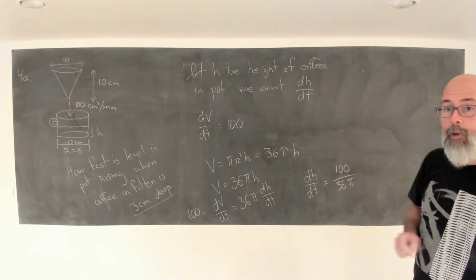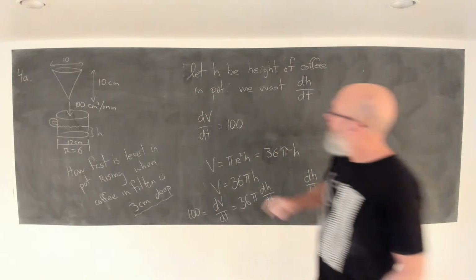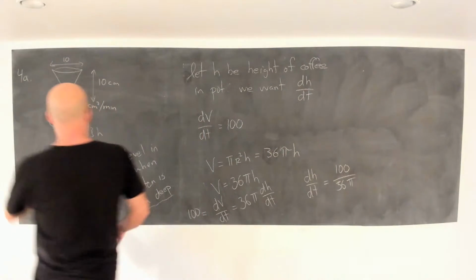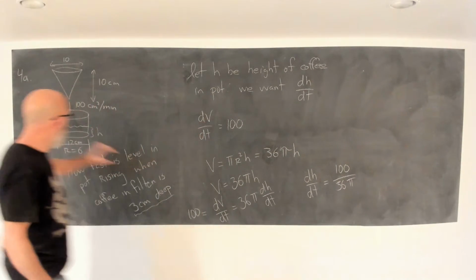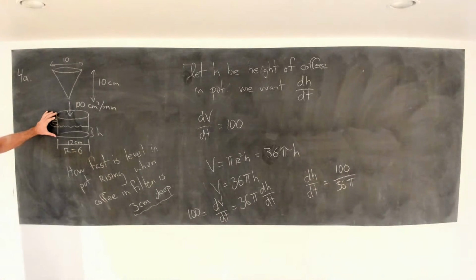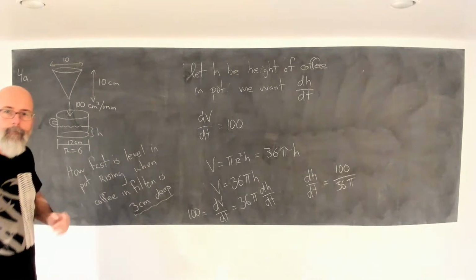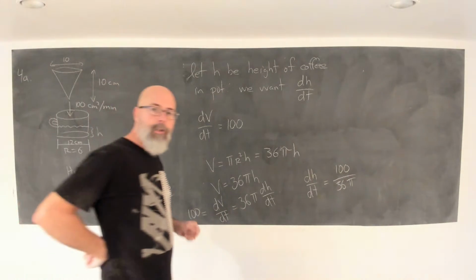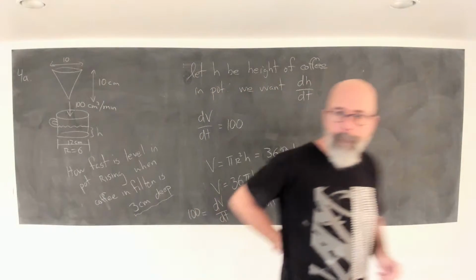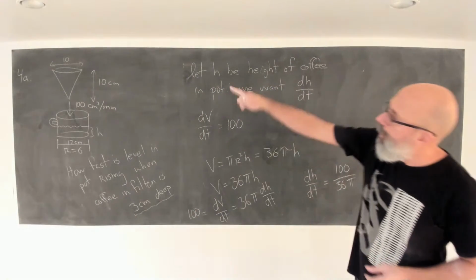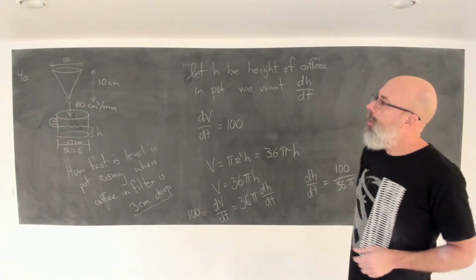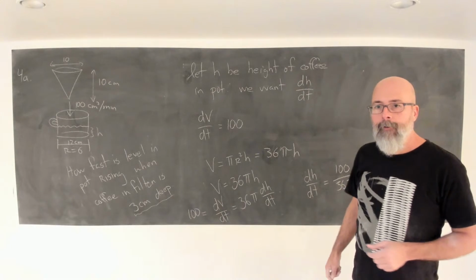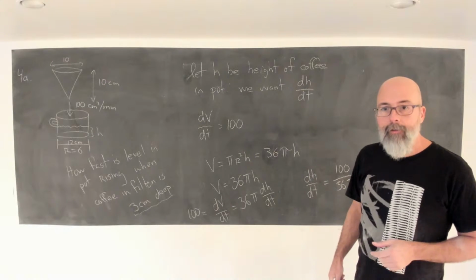Is the volume decreasing though? Right? This V is the volume of coffee in the pot. The volume is increasing. Exactly. It would be decreasing in the cone, but it's increasing in the pot.